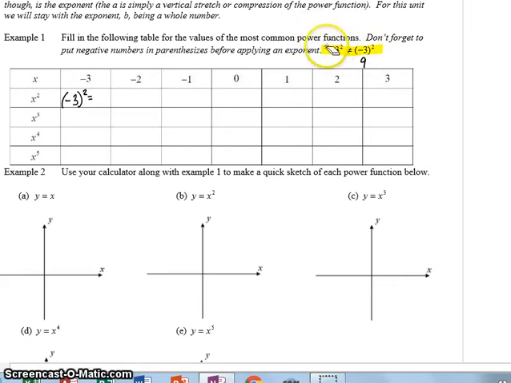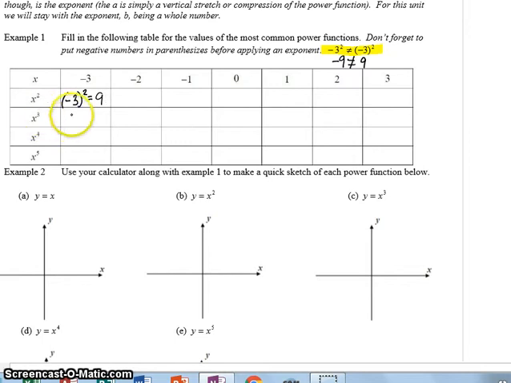That's what that negative sign means. Take the opposite of 3 squared. So, for example, 3 squared is 9. The opposite of 3 squared would be -9. They are not equal. So just a recap here, please make sure you don't forget to put all of those in parentheses when you are raising a negative number to a power.